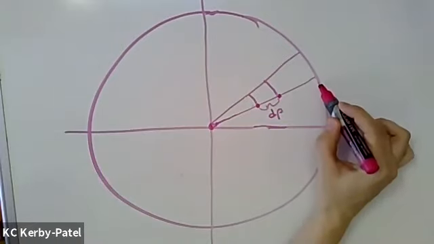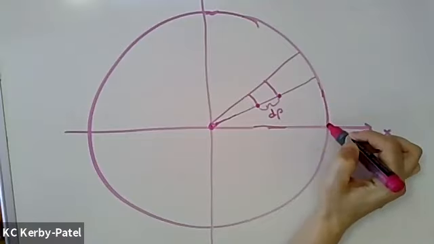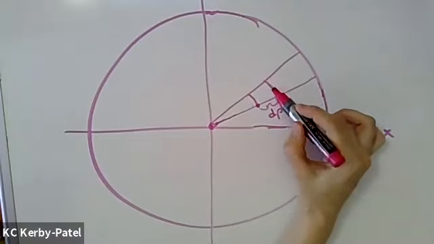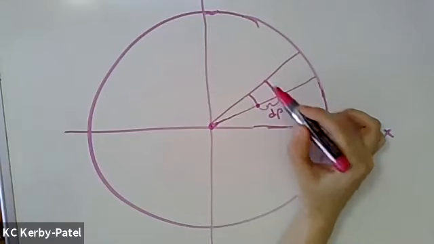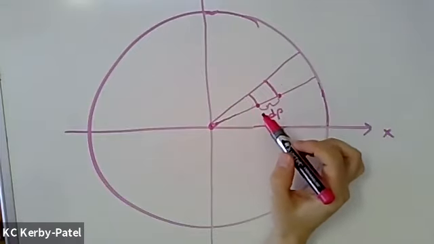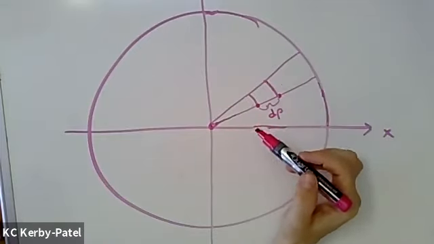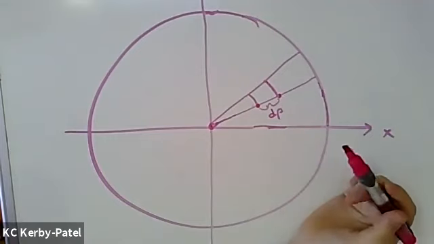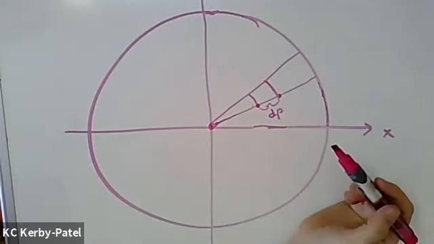That one makes sense. But what about the length of this side, the one that varies along phi? Phi doesn't have dimension of length. It's not a length variable, it's an angle variable.